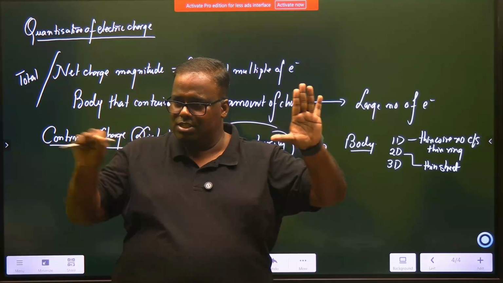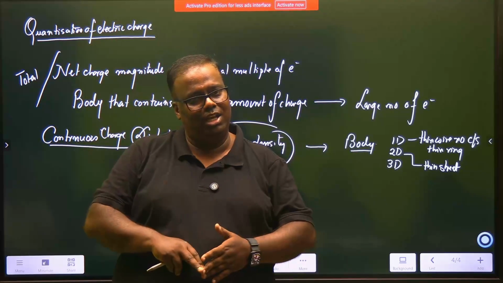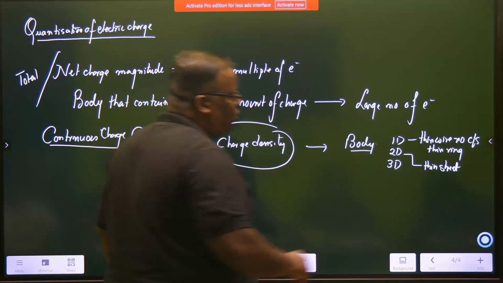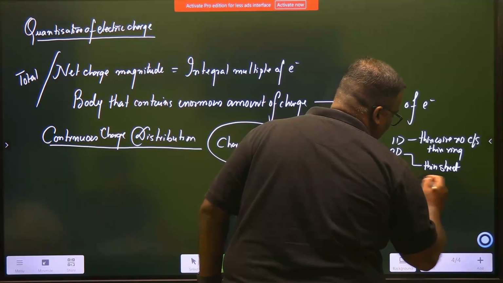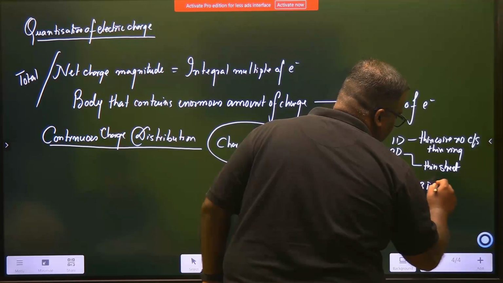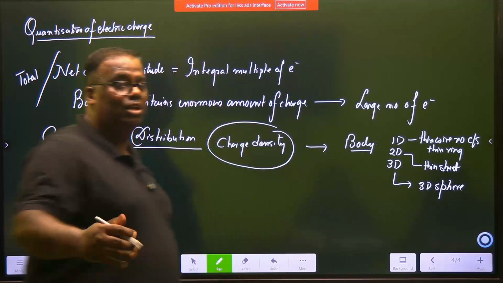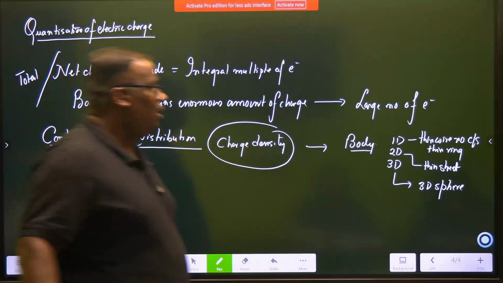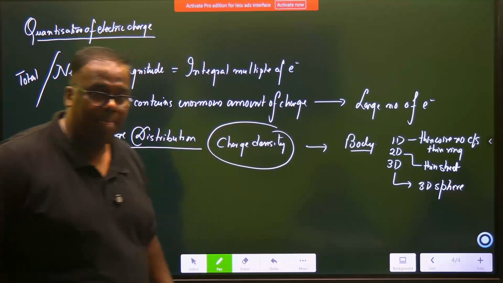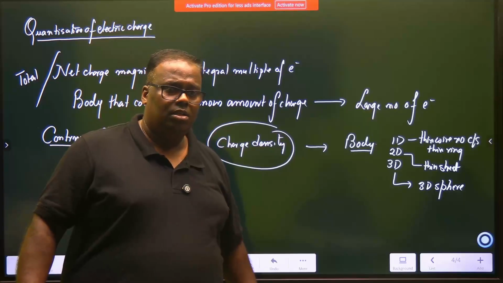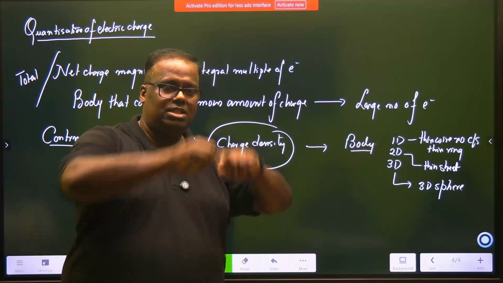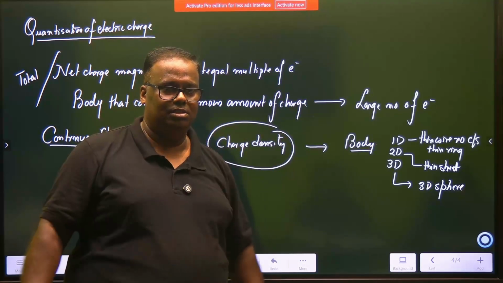You can move on the x-axis, you can move on the y-axis, you can calculate the area of that. Agreed? And when you talk about 3D, this can be a 3D sphere, which you must have heard a lot in Gauss theorem and all. Thin ring means take the same wire and make it a ring. You can open it up, right?